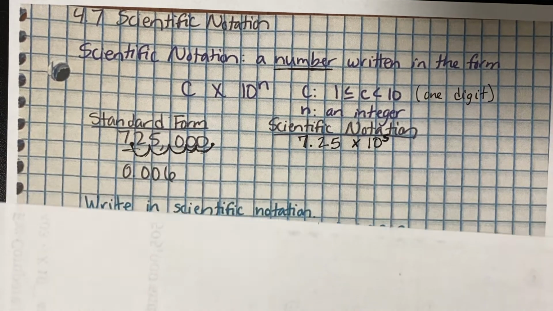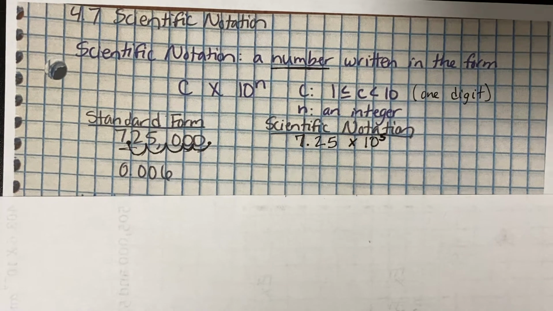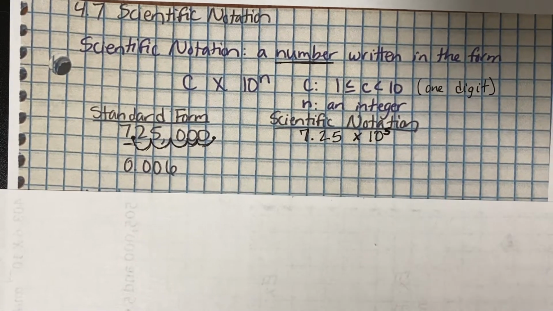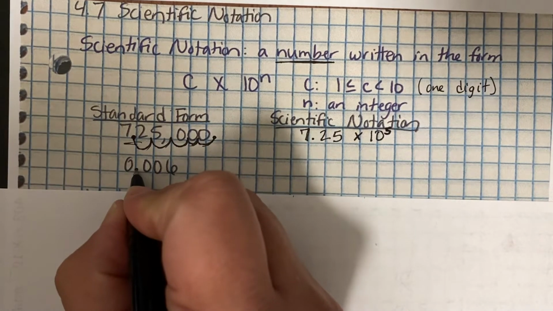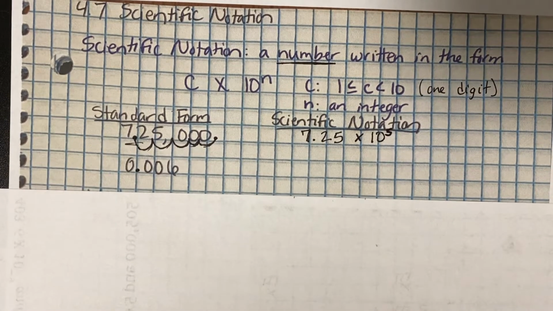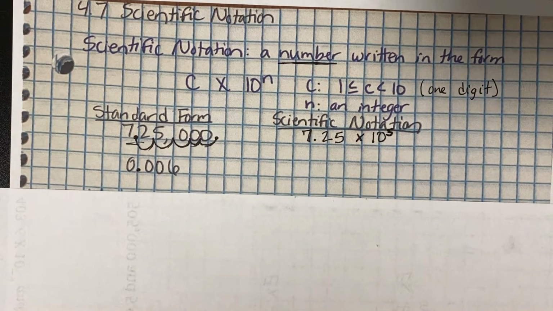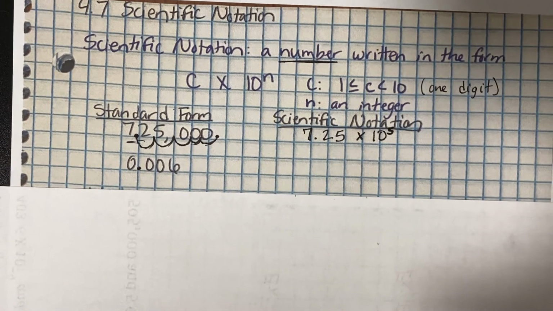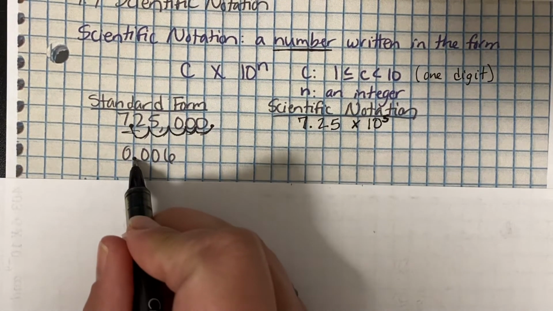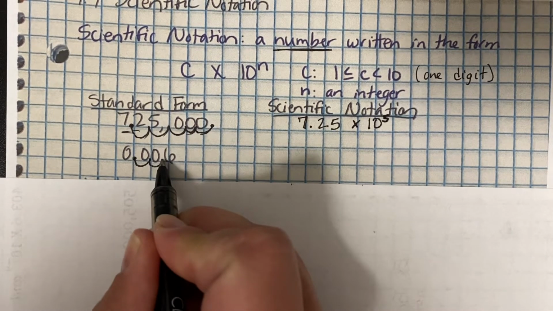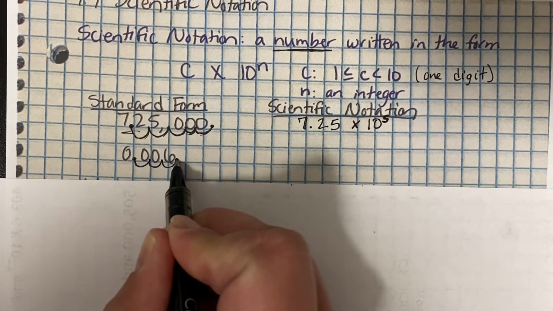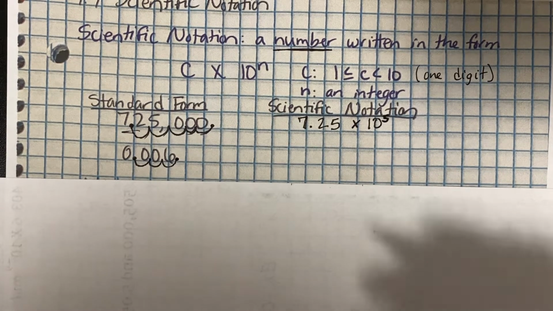All right, I'll write a note down somewhere for us later. All right, so now I have a decimal. I'm going to add my decimal point because you can't see it very well. And I want to change this into scientific notation. So same thing, I'm going to move my decimal now until I have one number in front of it. So I'm going to move it 1, 2, 3. So there's one number in front of it.